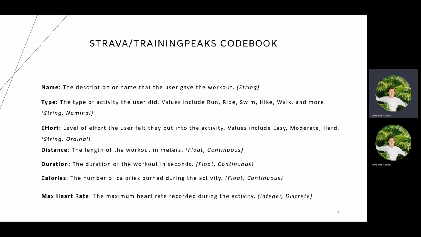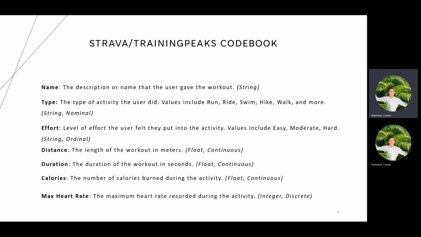The only problem is that I personally don't have access to a Training Peaks account yet, and they also don't have a public API. So I would plan to use Strava's API to get data in the meantime. The code book for Training Peaks might be a little different, but some of the features in this current code book include the name of the workout and the type that they did.